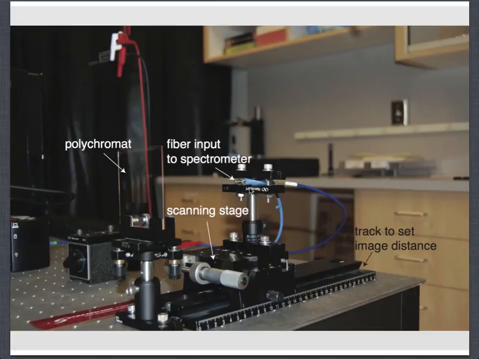We put it on a manual stage, and we rotate the stage and change the position. The design I showed you is for 10 millimeter and each solar cell is 5 millimeter. So we scan the fiber tip over the 10 millimeter distance, and at each location we record the spectral content with the spectrometer.